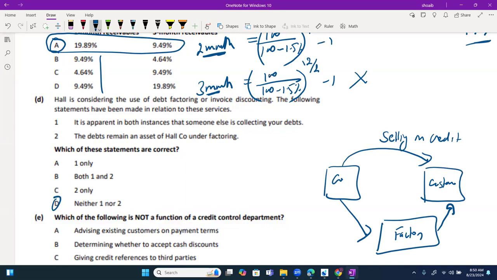The benefit of without recourse is that it is not your risk whether this customer is paying or not. That means you have sold to the factor. Your risk is over. It's not your asset. But if it's with recourse, that means if this customer becomes a bad debt, you can come back, similar to invoice discounting. So the debt remains an asset of the company if it's invoice discounting or with recourse.